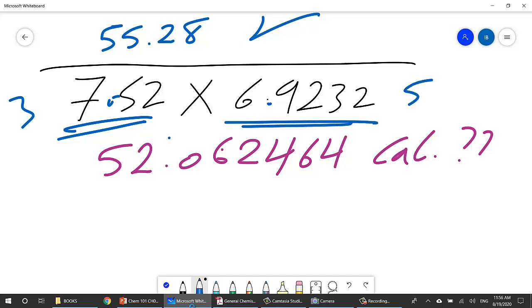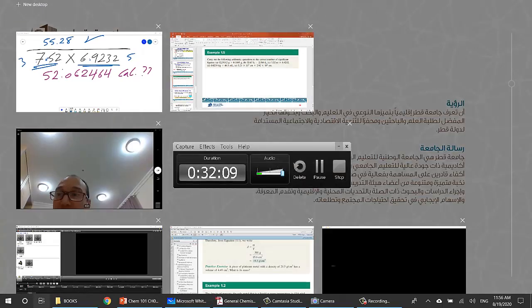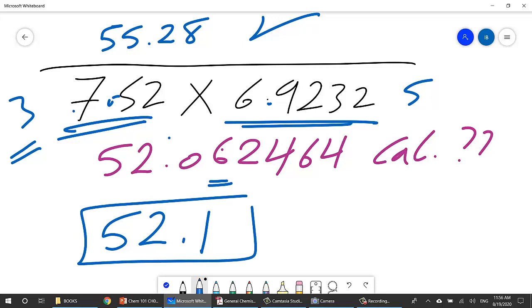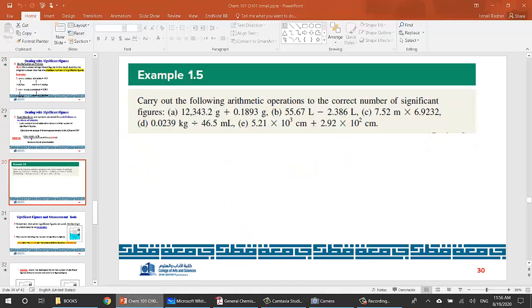Anyway, we have to go only with 3 significant figures. This one is higher than 5, so the answer will be 52.1. And you can do the other questions as well.